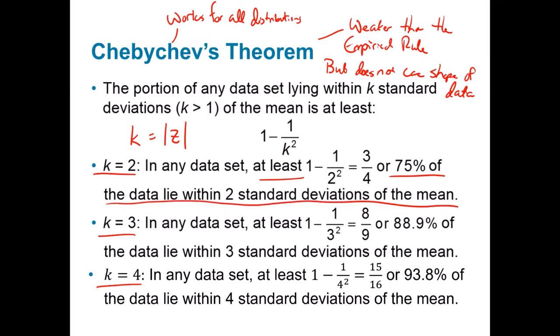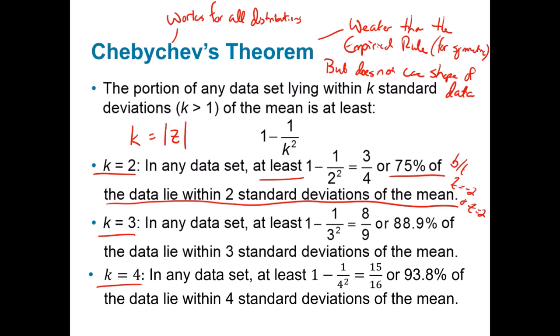So there's at least 75% of our data between z equaling negative 2 and z equaling 2. There's at least 75% of the data there for any distribution. Why did I say the empirical rule is stronger for a symmetric distribution?